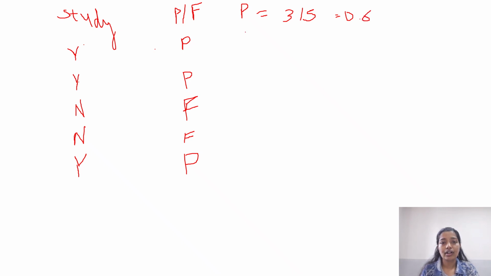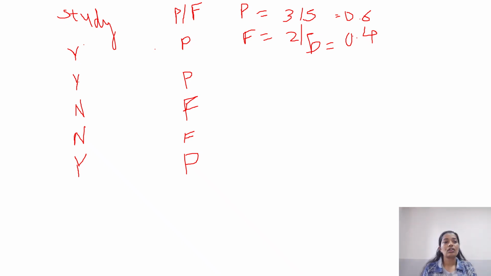Then we have a different class, fail. So fail will have probability 2 by 5, which is 0.4. Right?